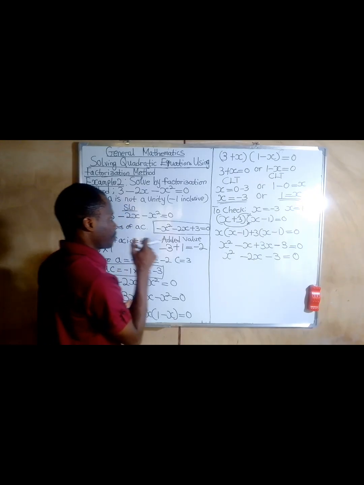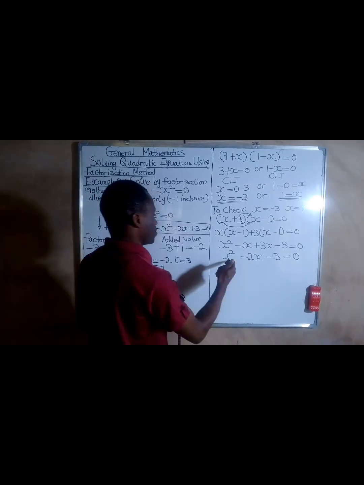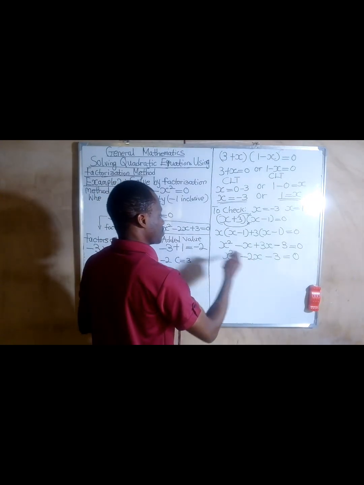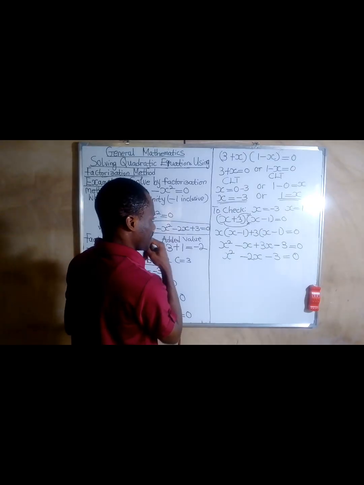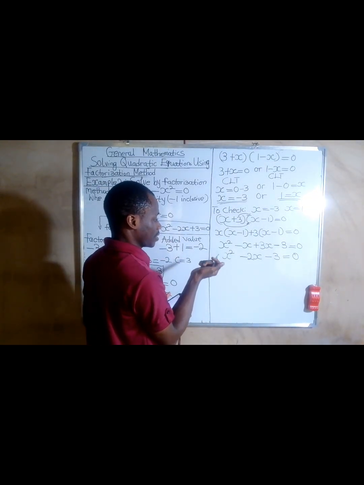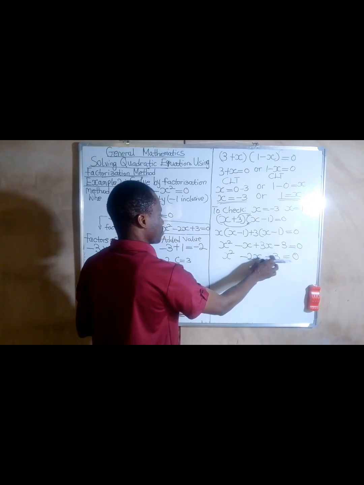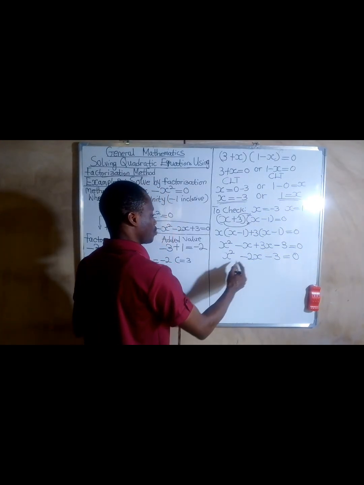Because one has a positive sign, saying x squared minus 2x minus 3 equals 0. So I could say divide all through by minus, so as to change this to minus 1, something, minus 3, that's divide through by minus.